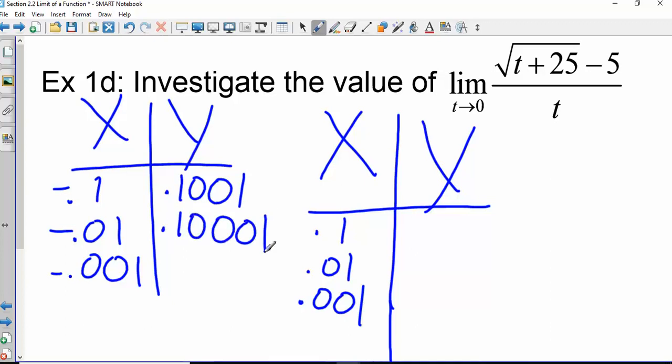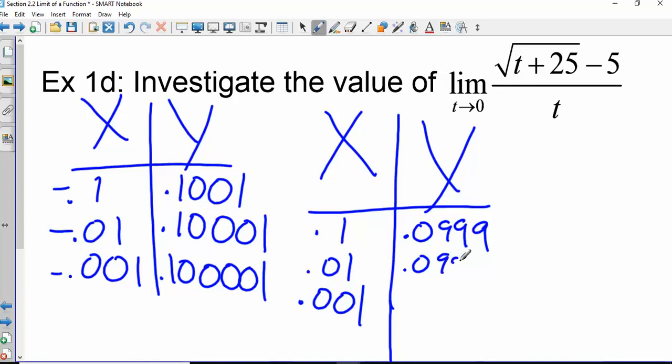We decided to just add more because otherwise it would have all looked exactly the same. And 0.100001. And then the other one we got 0.0999, and then 0.09999, and 0.099999. And we decided they were all leading up to 0.1.